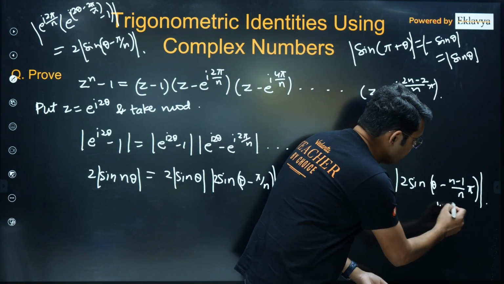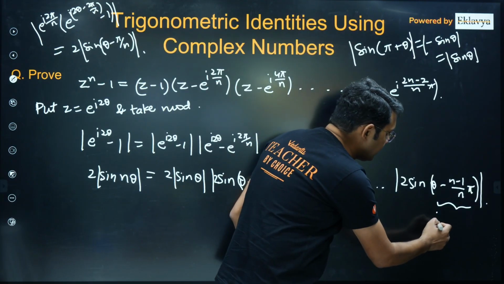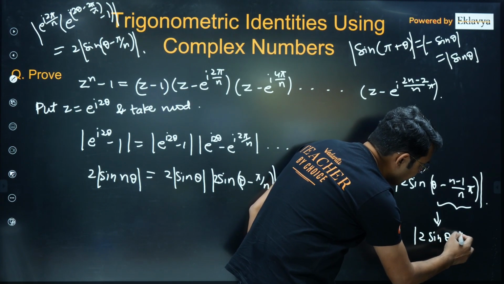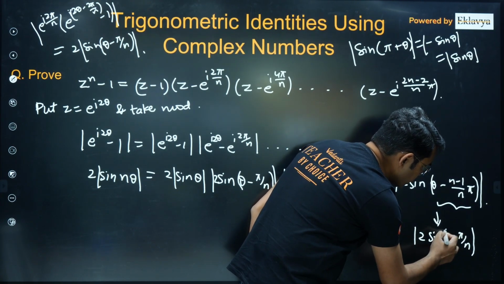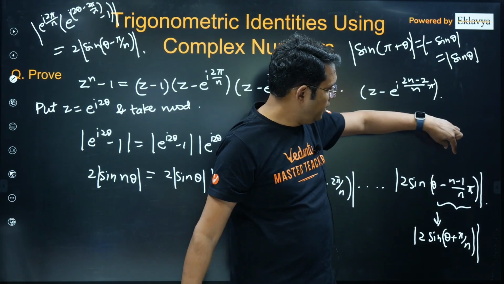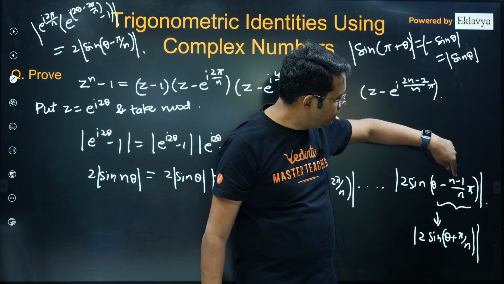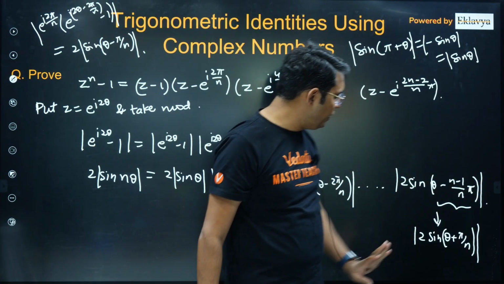If you add pi to it, please look at this carefully, this will become 2 sine of theta plus pi by n. You can check. If I am adding pi, the 1 into pi will get cancelled, so theta plus pi by n will remain.